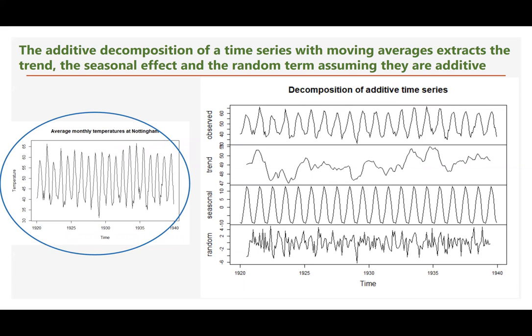The time series appears in the plot at the top as the observed time series. And decompose is going to decompose the time series into these components: trend, seasonal, and random term. The addition of the red terms equal the observed term.